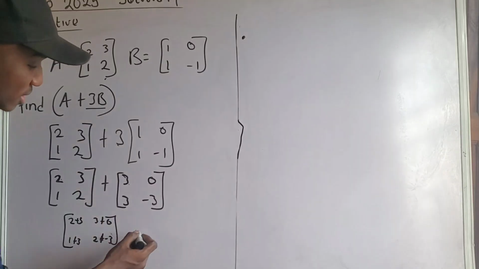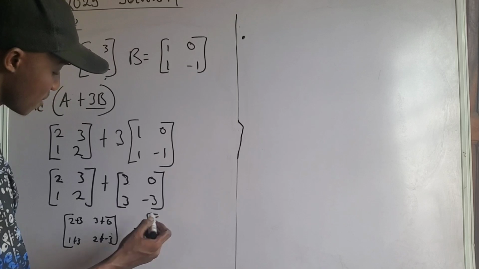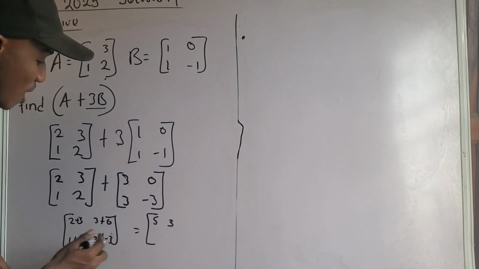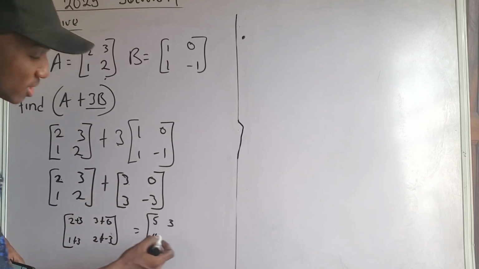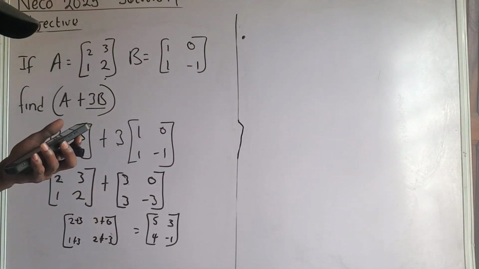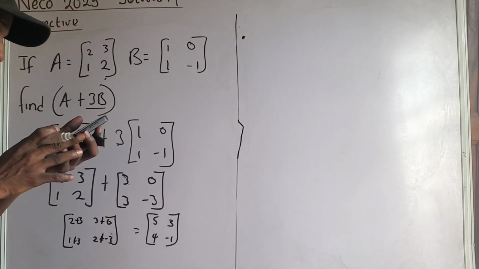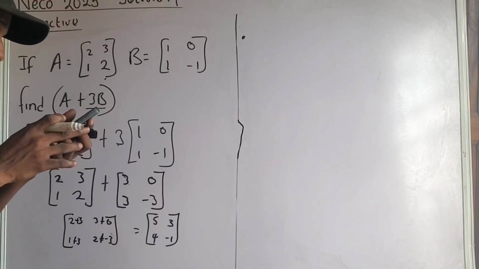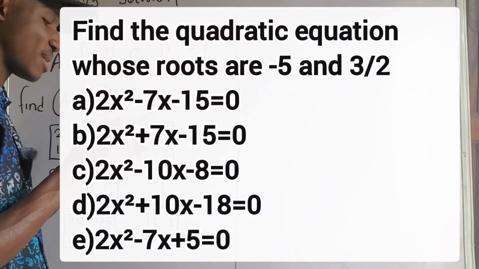Okay, so the answers to this will be 2 plus 3 is what? 5. 3 plus 0, 3. 1 plus 3, 4. 2 plus minus 3, that is what? 2 minus 3 is what? Minus 1. So the correct option to that question is option A. Option A is correct.